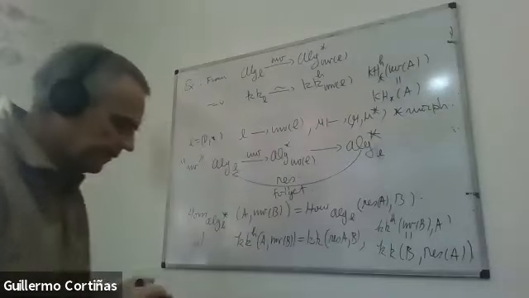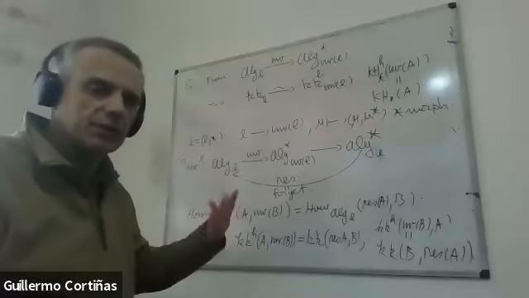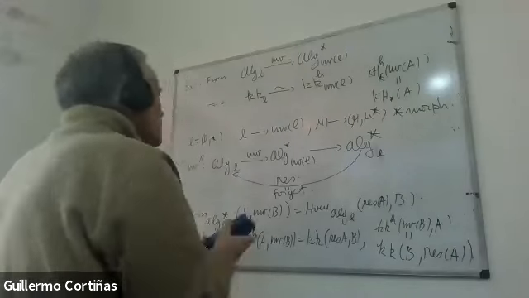So it's bi-adjoint. These two functors are adjoint to each other in both directions.